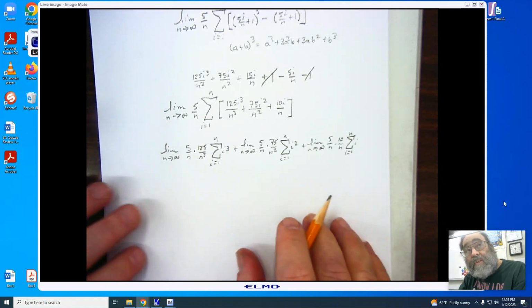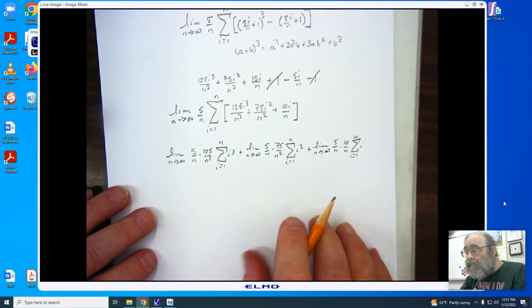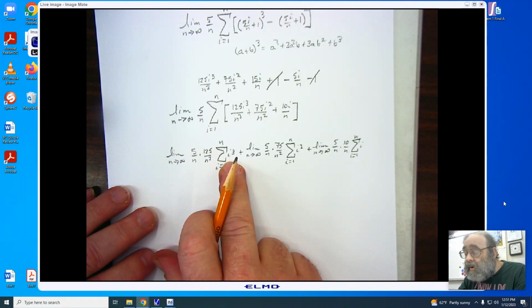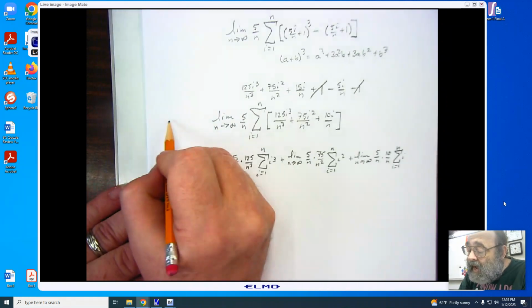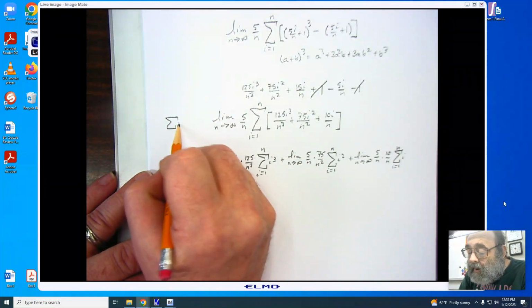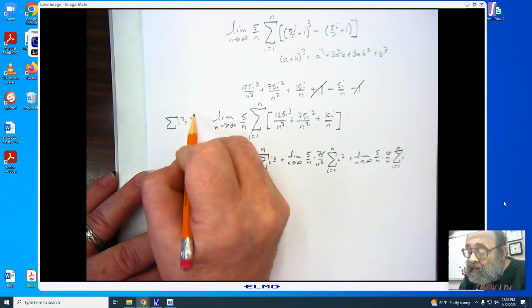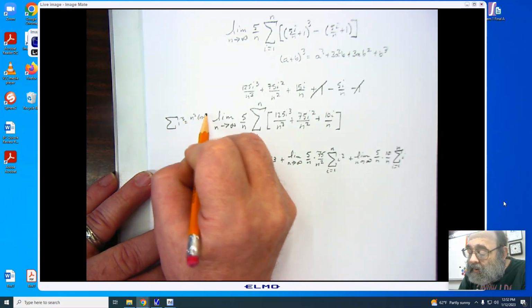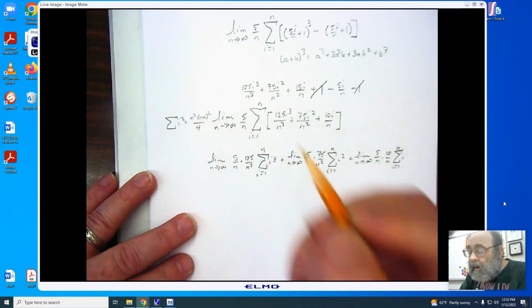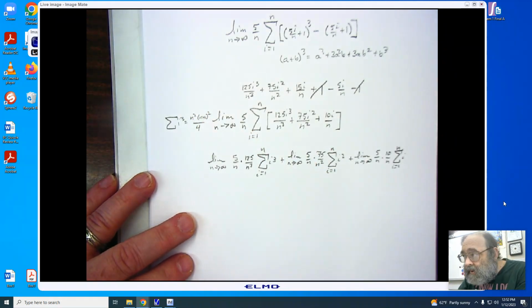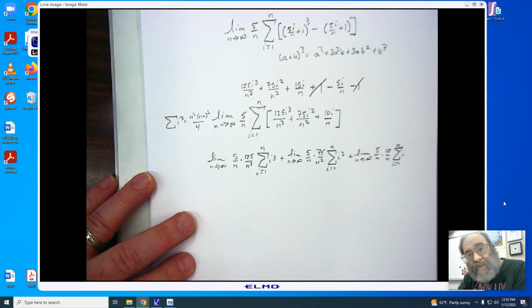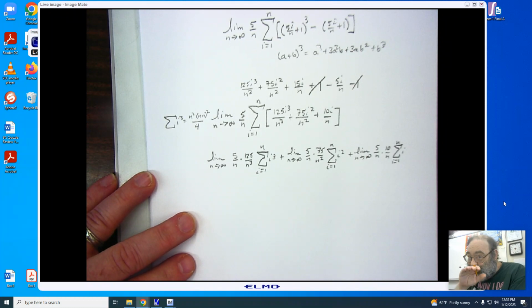Now, as we've stated in previous problems, because I'm working with an i cubed, and we know that the sum of i cubed, let's just write this down off to the side, is n squared times n plus 1 squared over 4. Every term under n squared over 4 is going to go to 0, which means we don't have to write it. If we do, it is because you want to do more work. I don't want to.